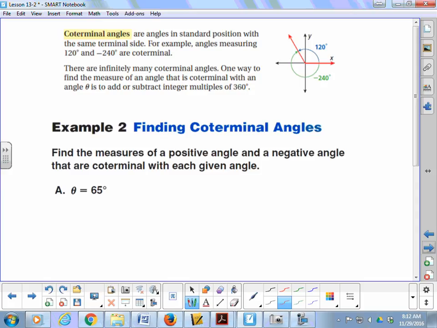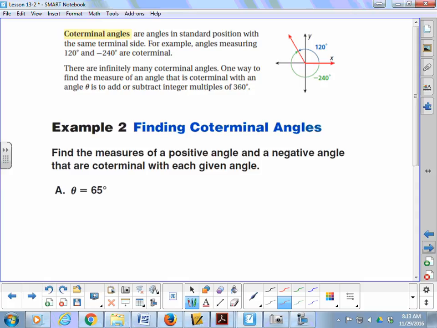If I was to draw those two angles, they would terminate at the exact same spot, over here in the second quadrant. So we say they are coterminal angles because of that. And so they differ by multiples of 360 degrees because all the way around the circle is 360.